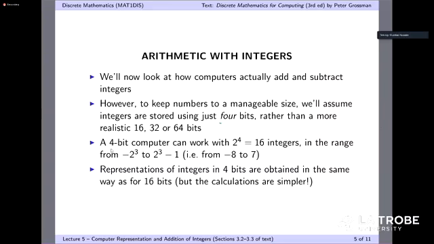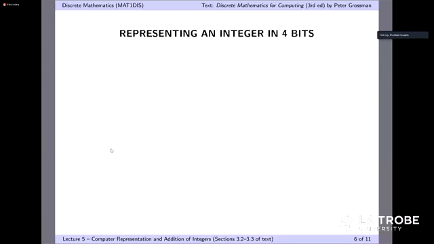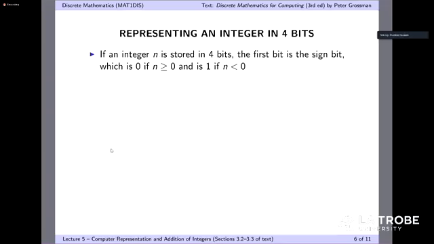So we confine ourselves to 4 bits only, where the first bit is the sign bit, and then 3 bits for the integers. If we only have 3 bits, the range would be from -8 to +7. And yes, it works, and the calculations would be extremely simple.